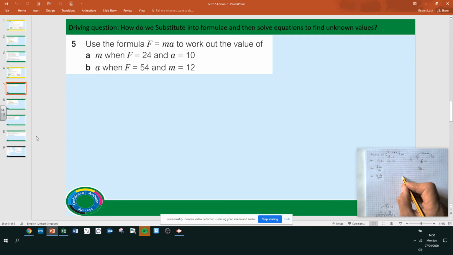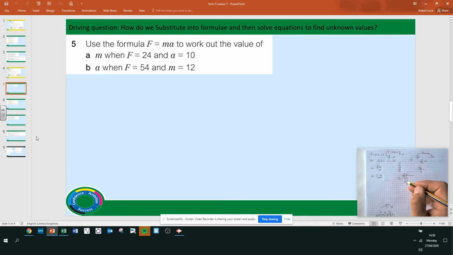Ooh. I'll stop. 54, 12. Oh, that's not one, but so 12, 24, 36, 48, 60. So 12 goes 4, 48, 6 remainder.